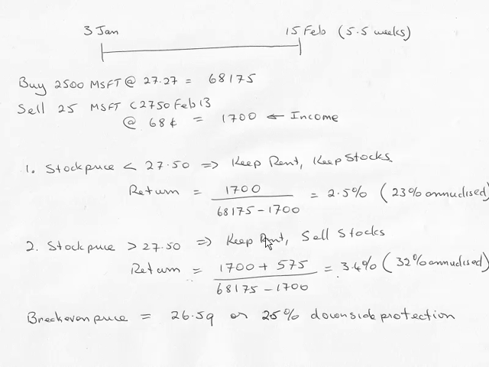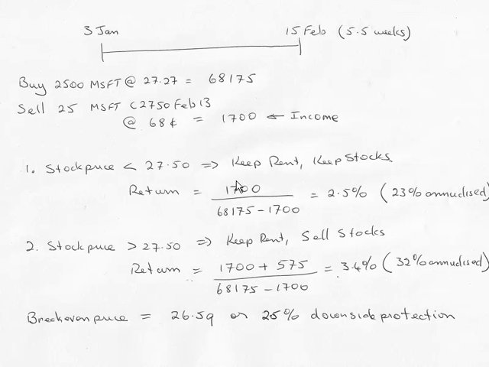Now, the second scenario is if the stock price rises and it goes above the $27.50 price point by the expiry date. If that happens, we again get to keep the rent, of course, but we'll then have to sell our stock. Now, if that happens, our return is the $1,700 rental income plus the $575 profit on the sale of our shares.